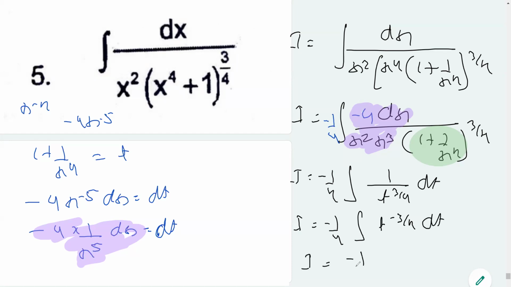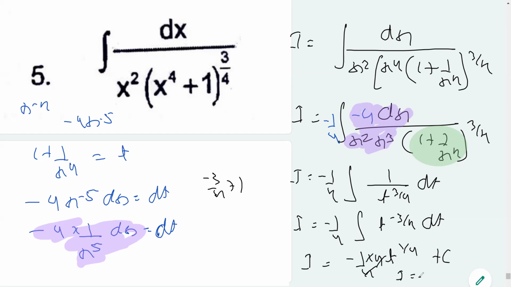Now I'll apply integration. Minus 3 by 4 plus 1 is what? 1 by 4. Minus 3 by 4 plus 1 is 1 by 4, and dividing by 1 by 4 is same as multiplying by 4 plus c. So we can say that this gets cancelled.